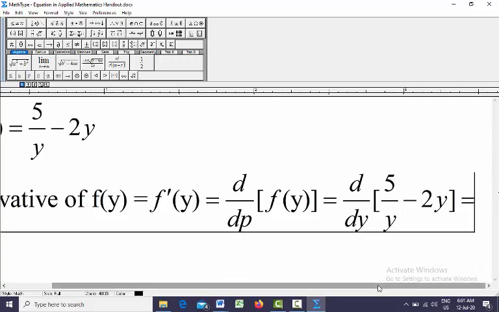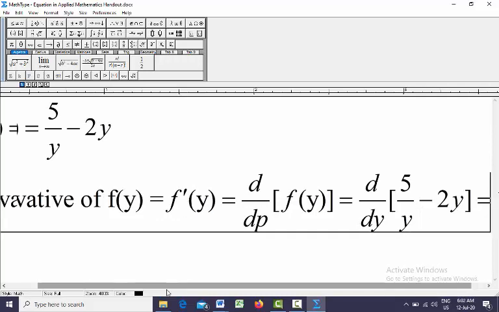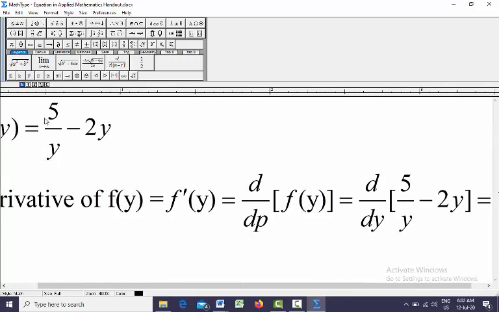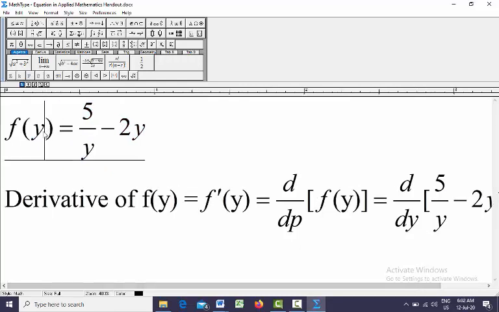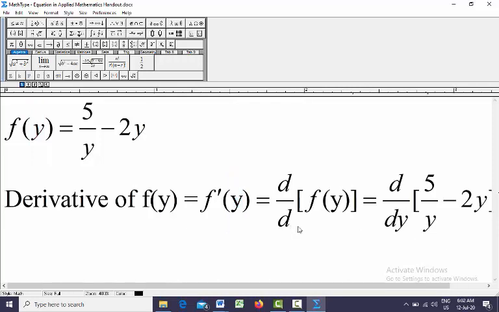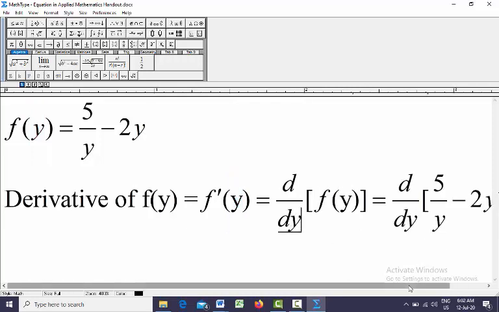This is the function where the variable is y, so that means you need to do differentiation with respect to y.